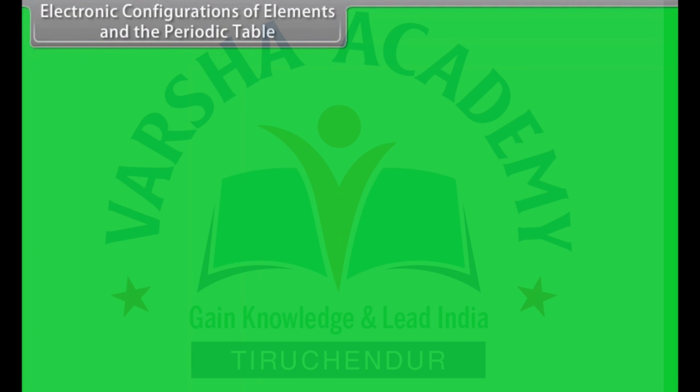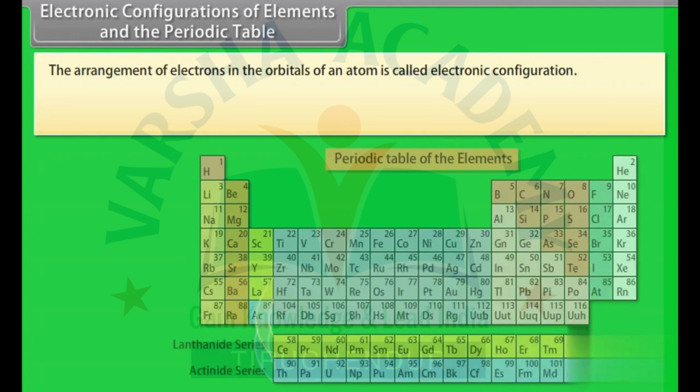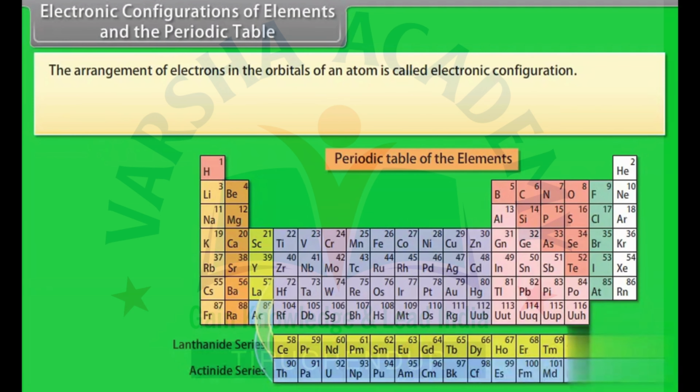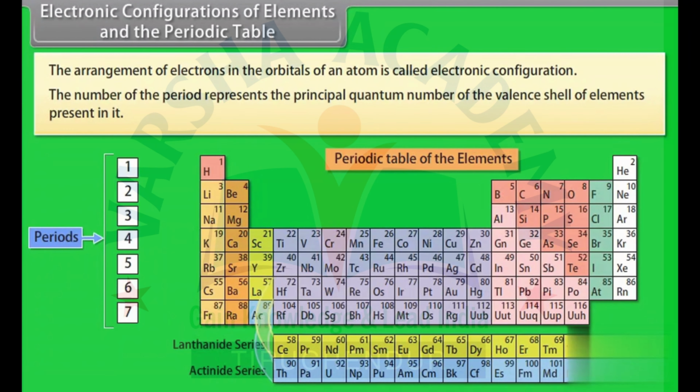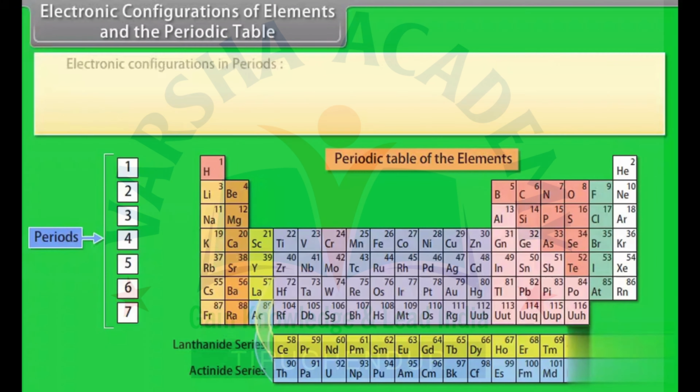Electronic configurations of elements and the periodic table. The arrangement of electrons in the orbitals of an atom is called electronic configuration. The number of the period represents the principal quantum number of the valence shell of the elements present in it. Electronic configurations in periods.